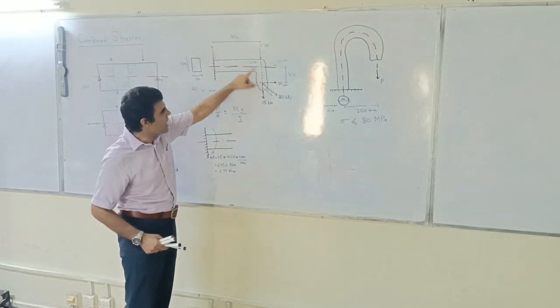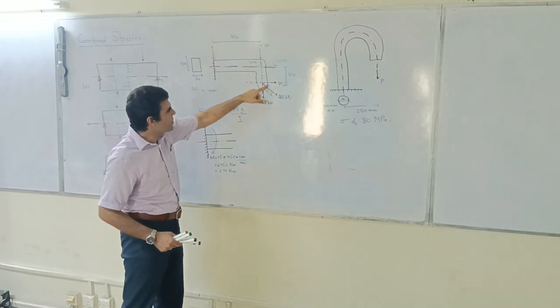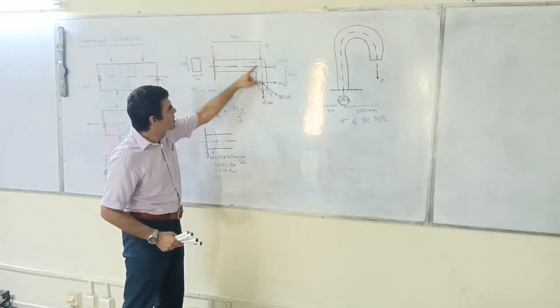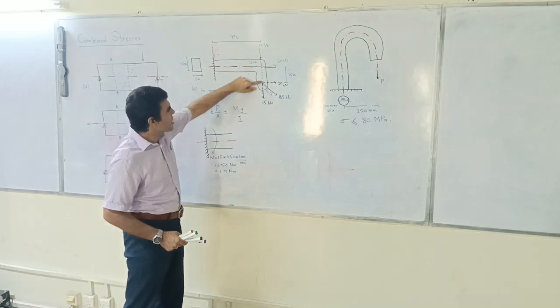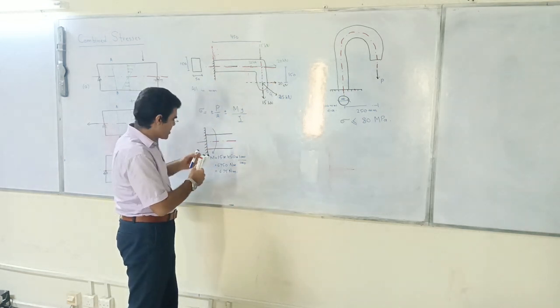Then we have a couple. This couple is 20 and 20. So this is a couple which is in this direction.